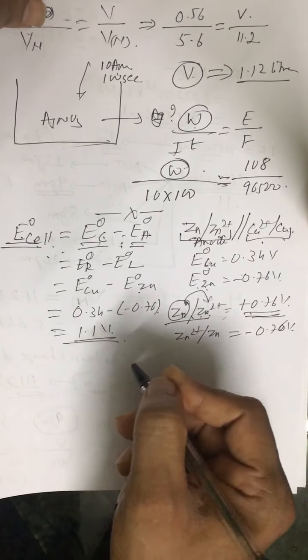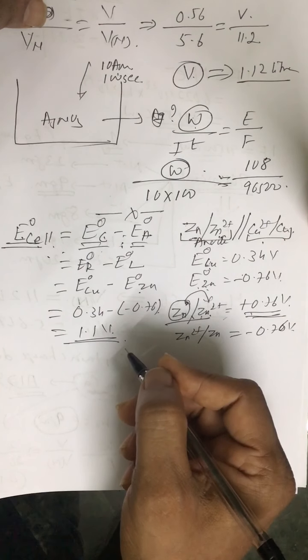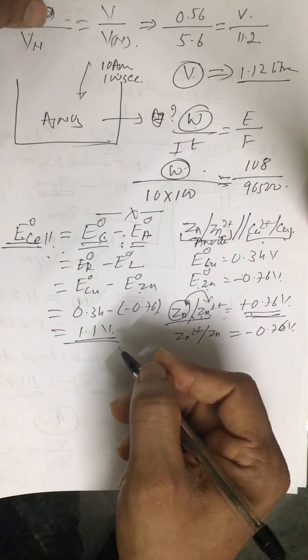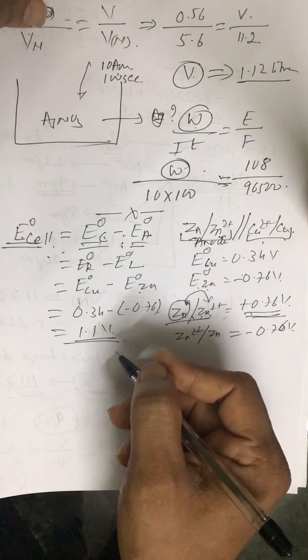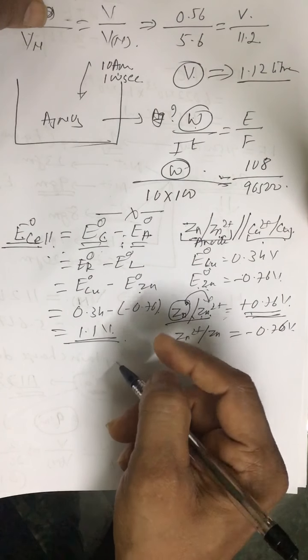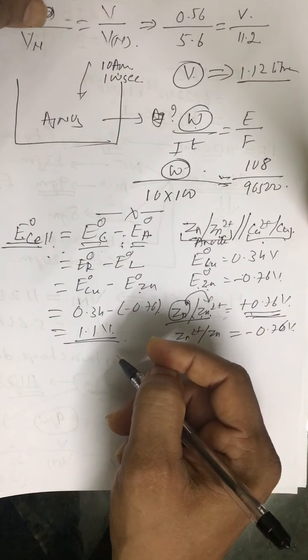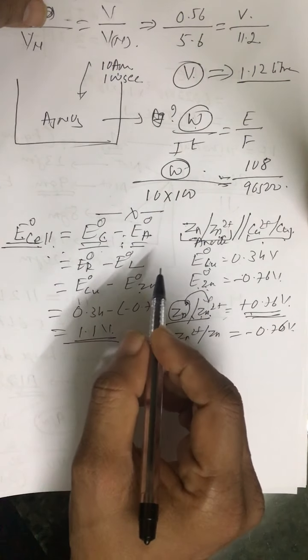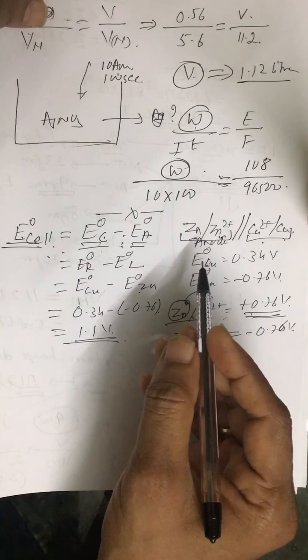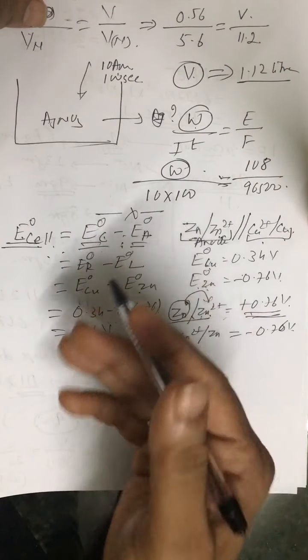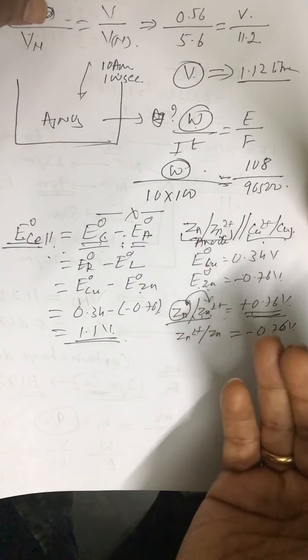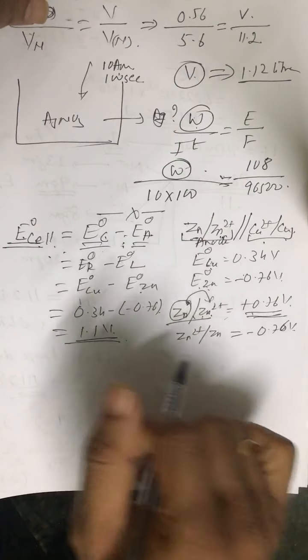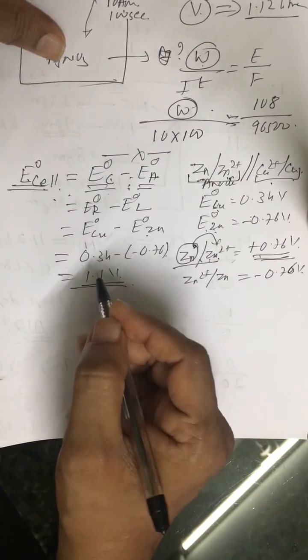And if E0 cell is negative, then the cell is not good, or cell reaction is not spontaneous. So if they ask about suggestion, you can suggest that whichever substance you made anode should be changed to cathode, and the substance you made cathode should be converted to anode. In that case you will get E0 cell positive.